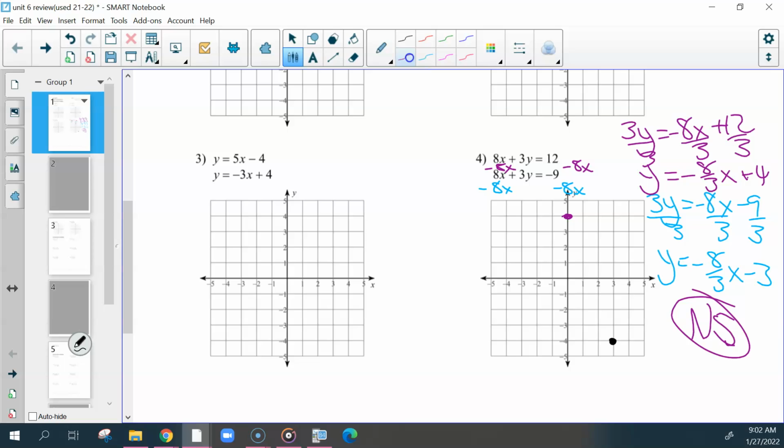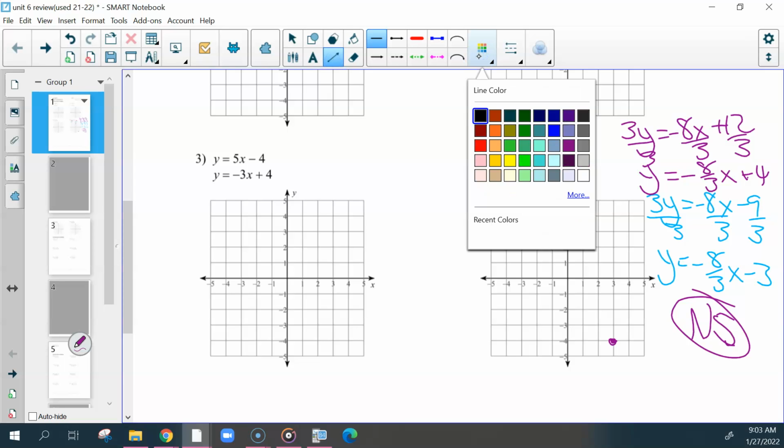What were you asking about? Oh, sorry. Okay, so I'm looking at the equation: 3y equals 8x plus 12. So you divide by 3. Okay, got that. Why does the 8 still have the 3?